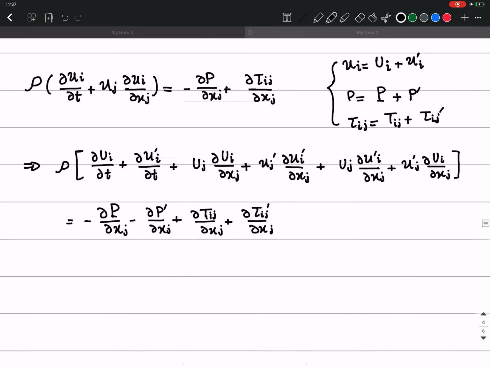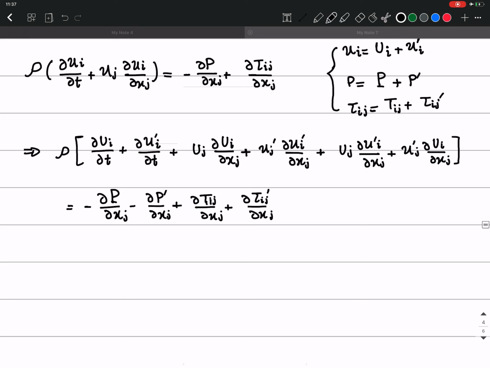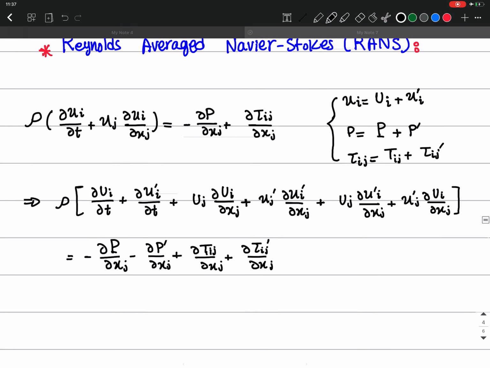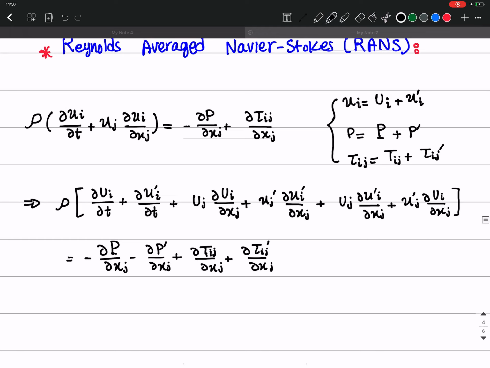Okay, so this is the expanded form of the Navier-Stokes equation using Reynolds decomposition.